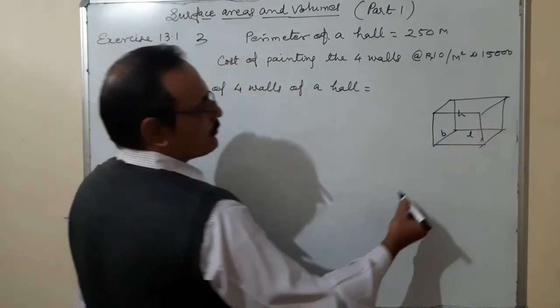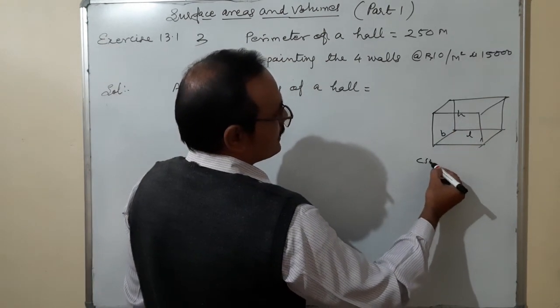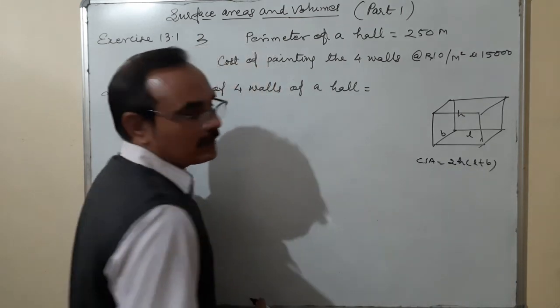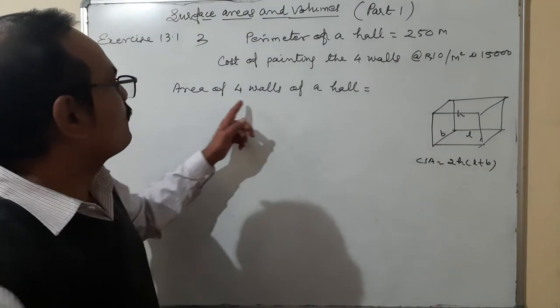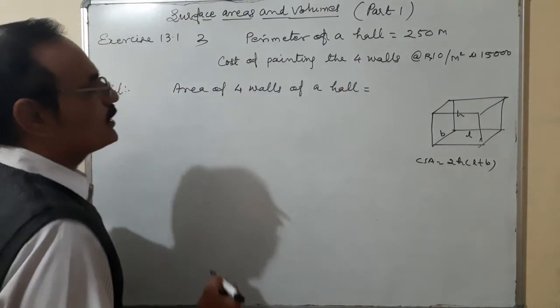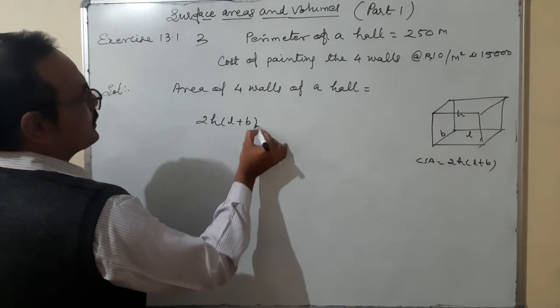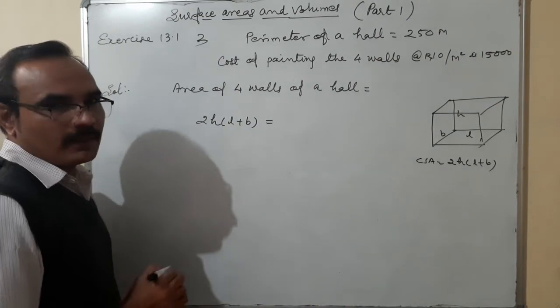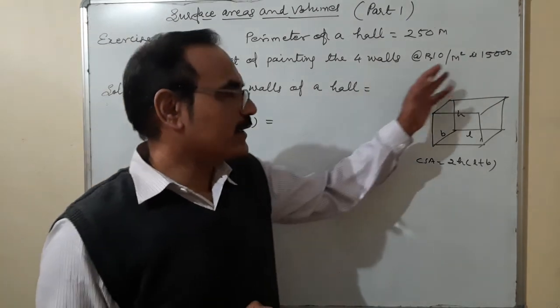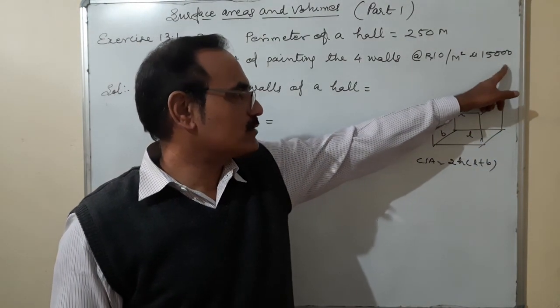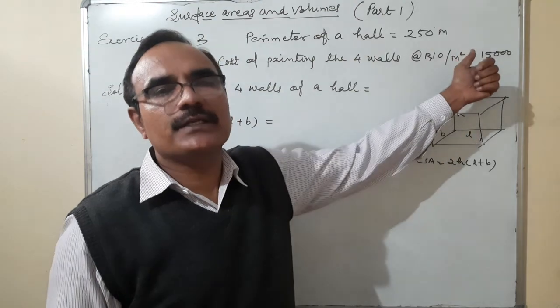Area of four walls, the formula is CSA = 2H(L + B). The total amount paid is rupees 15,000 and the cost is rupees 10 per meter square.